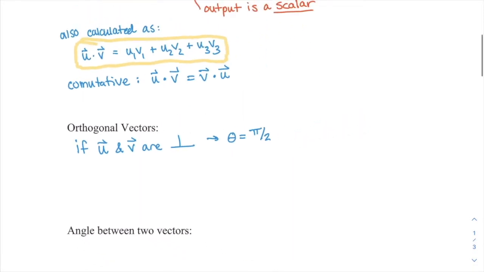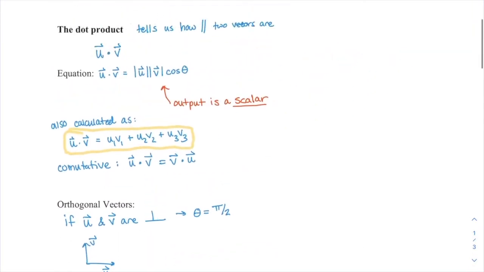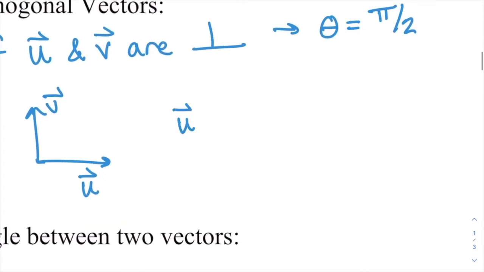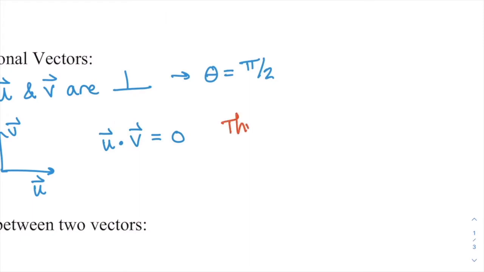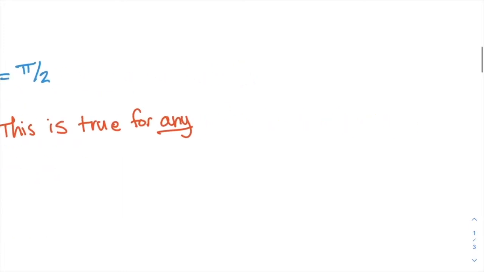So we could imagine we have v and u, and because that angle is pi halves, the cosine will be 0, so the entire result of the dot product will be 0. So u dot v in this case will equal 0. And that is true for any orthogonal vector.